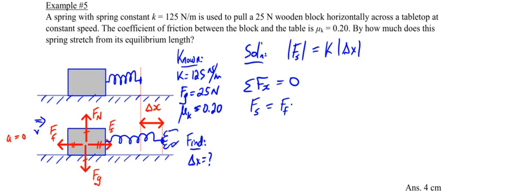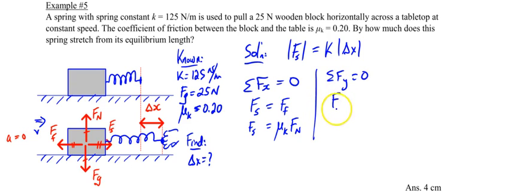All right? But you don't know the frictional force, but you do know the coefficient of friction. So the spring force is equal to, if you recall, the frictional force formula: mu sub k, the coefficient of kinetic friction, times the normal force. You don't know the normal force. Well, you actually really do. The normal force is balanced by the force of gravity. That's because the sum of the forces in the y direction is 0.